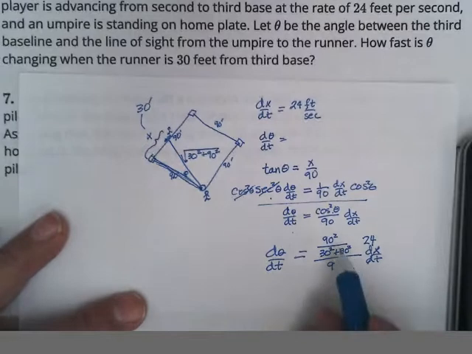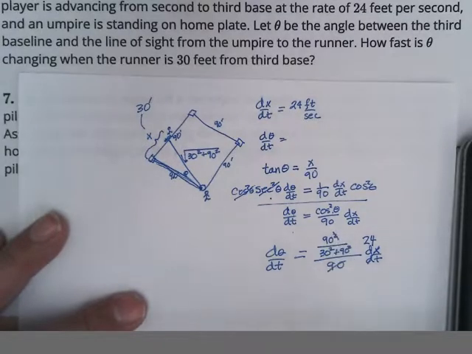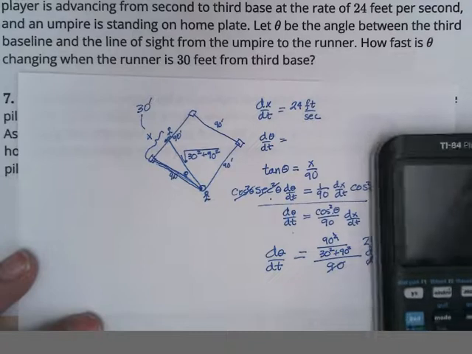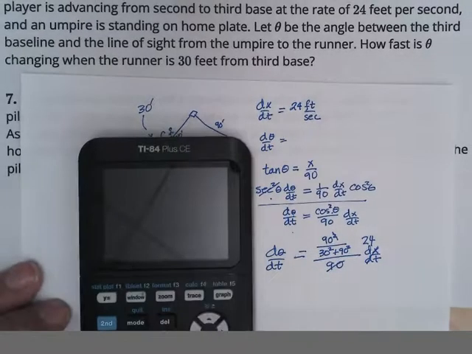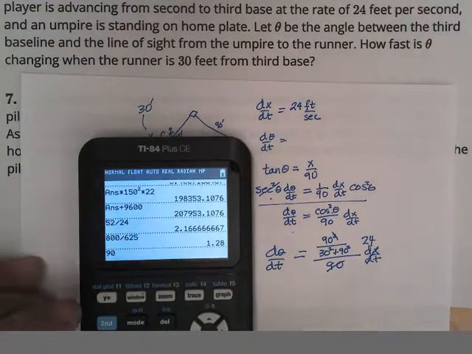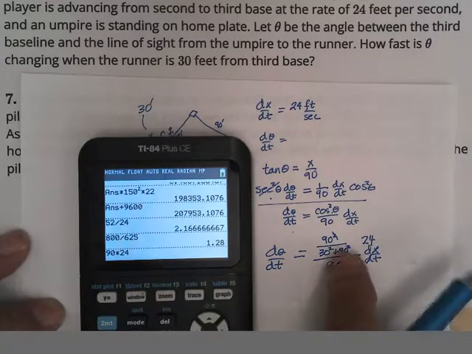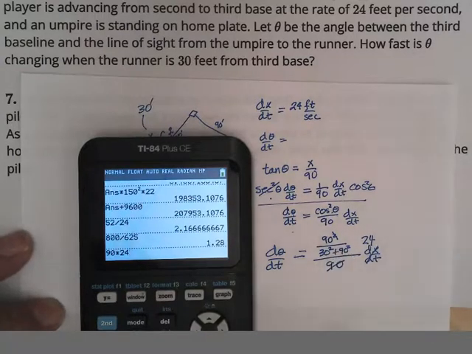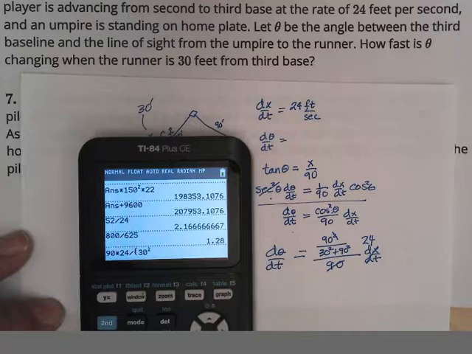So this 90 will cancel one of these 90s, so I have 90 times 24 divided by 30 squared plus 90 squared.